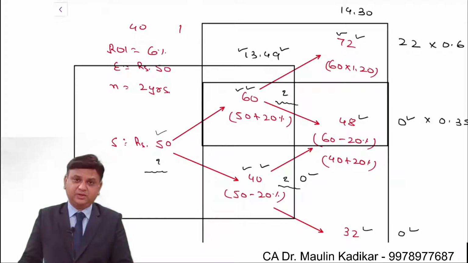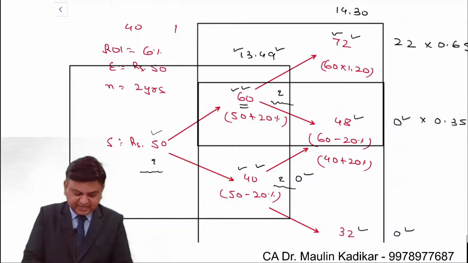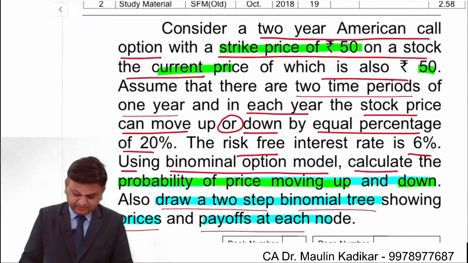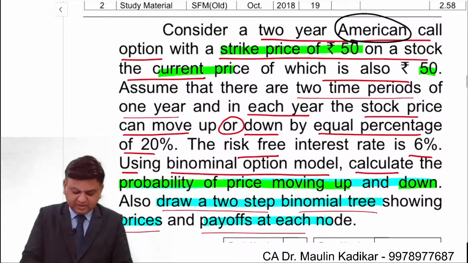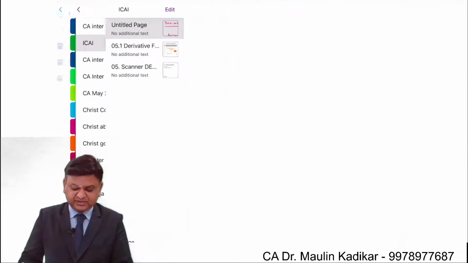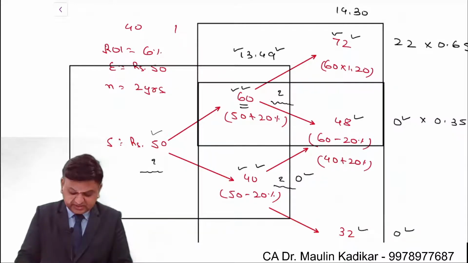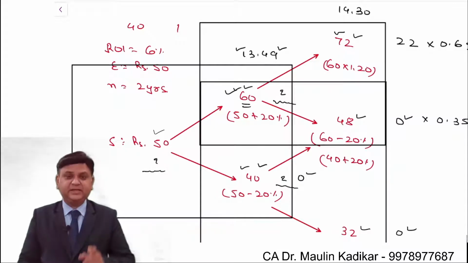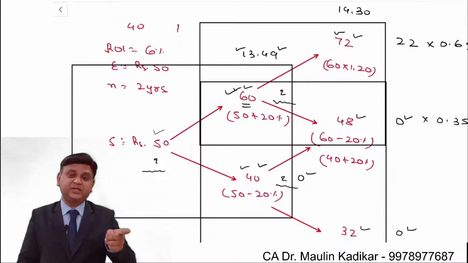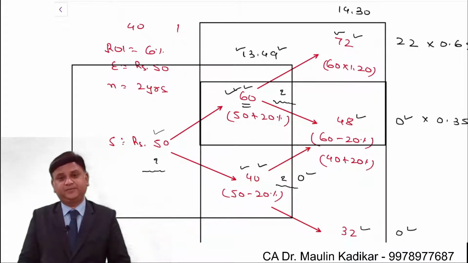Now listen carefully. This is given as the American call option. In case of an American call option, you have a chance to exercise the option at any point of time. So at the end of the first year when the price is 60, you will compare the 60 rupees of the price with the exercise price 50. 60 is more than 50.